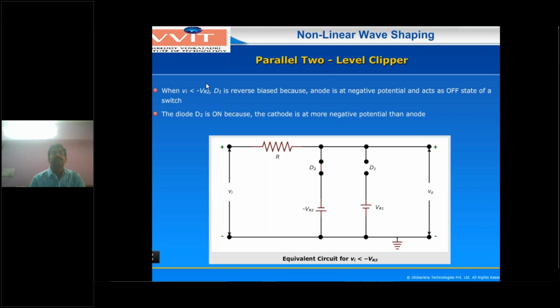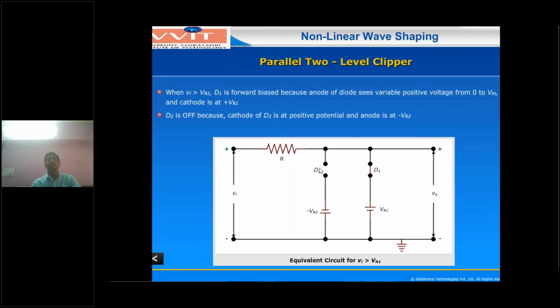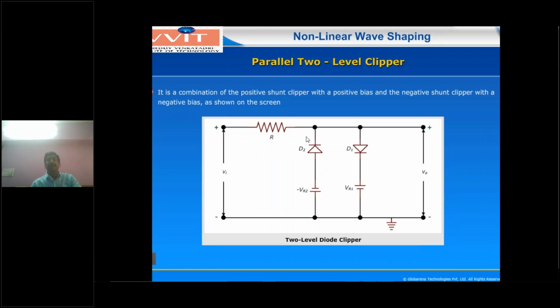The example I have taken is minus 4 volts. So with minus 4 volts, D2 will be on. Let us see: this is minus 4 volts, and this is minus 2.